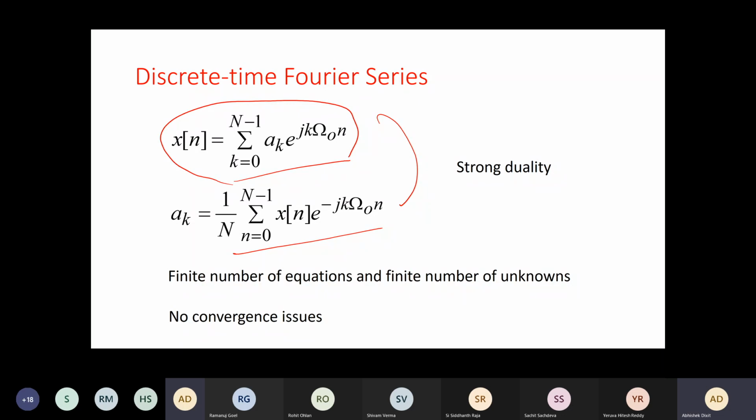The second point is that there is a strong duality in the discrete time Fourier series. What do I mean by this? We have seen that in CTFT, the continuous time Fourier transform, there was duality. Why?